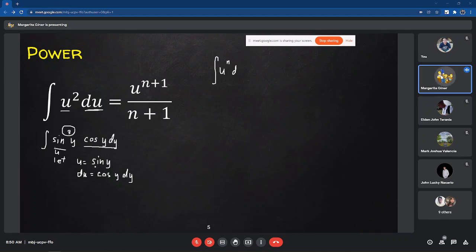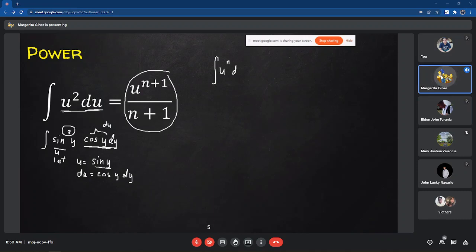So, amuning u, amuning du. Pag amo na siya ang formula, ang imo nga gamiton nga formula is power rule.